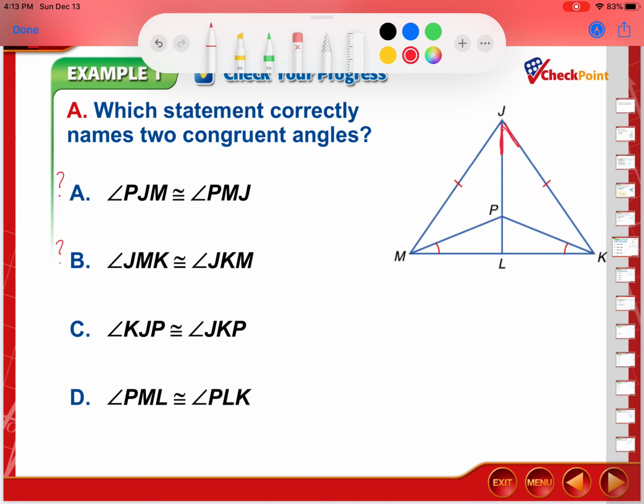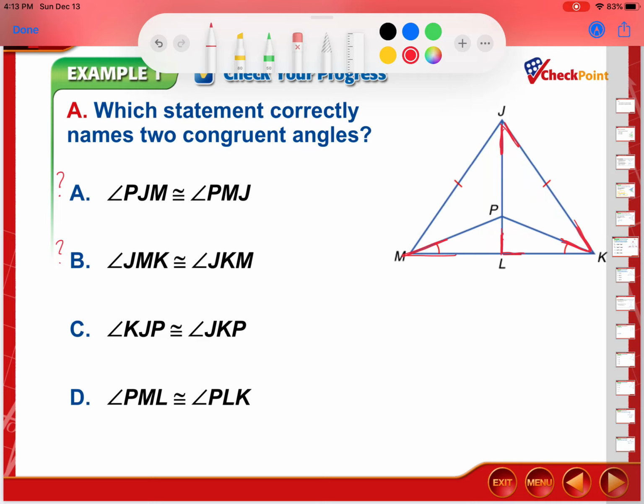KJP. So this top angle here and JKP. Okay. So once again we have similar. Then let's look at PML and PLK.